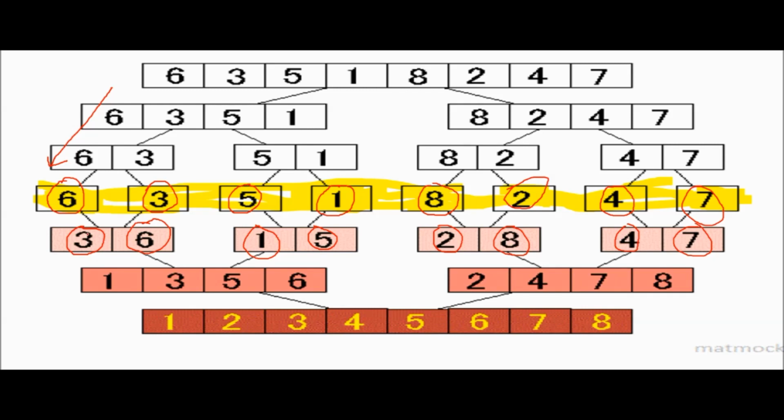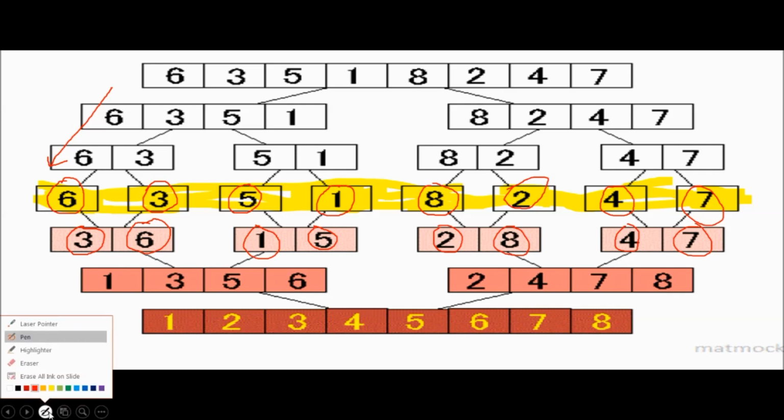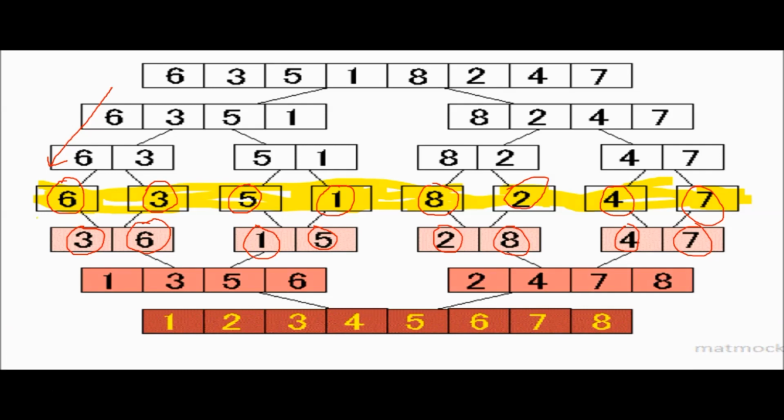Now we have to merge the arrays of two elements into arrays of four elements. The 3, 6 array will be merged with the 1, 5 array. While merging these, we compare the first element of the first array with the first element of the second array. 1 will be compared with 3, and we find that 1 is the smallest, so we add 1 here.